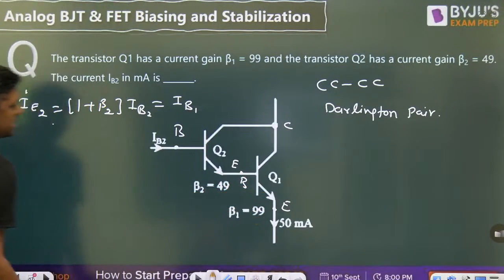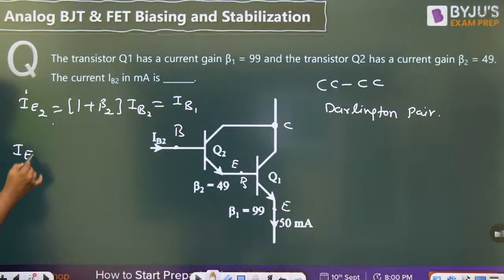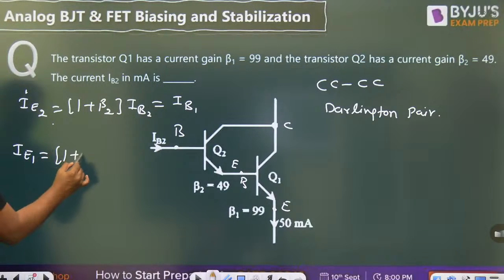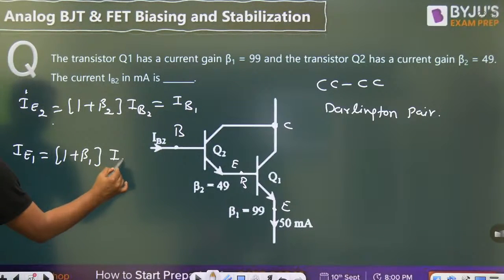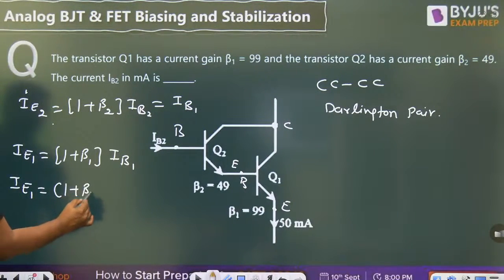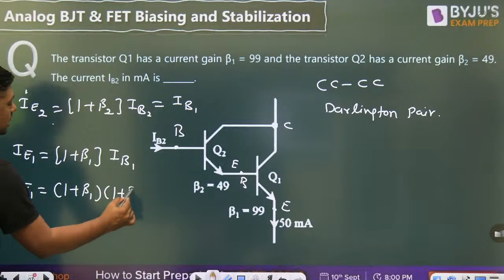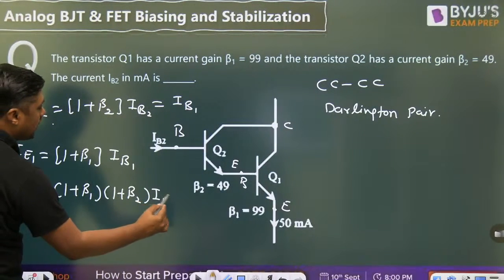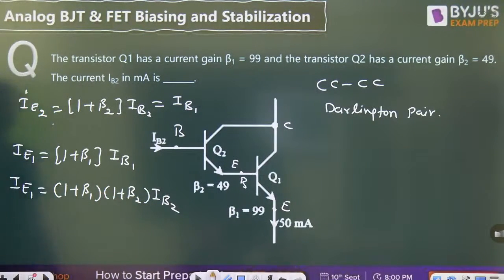Now what is the IE1? IE1 will become 1 plus beta 1 times IB1. And we can say IE1 is 1 plus beta 1, 1 plus beta 2 times IB2. You have to find the IB2.